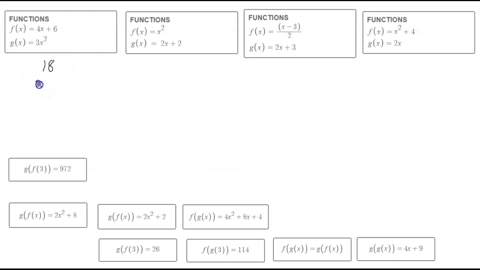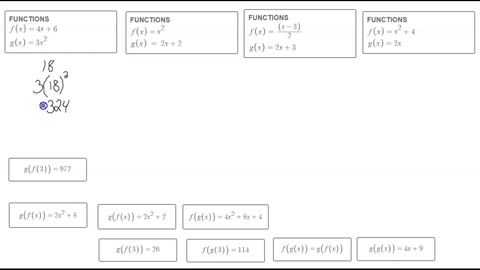So again, I'm going to plug it into my f function and see what I get out. Whenever I square 18, I get 324. It's looking promising now.